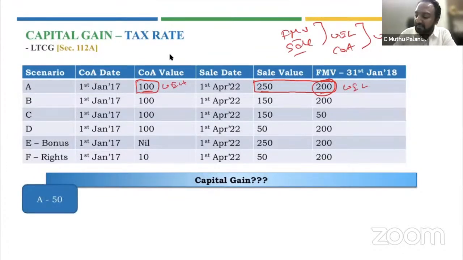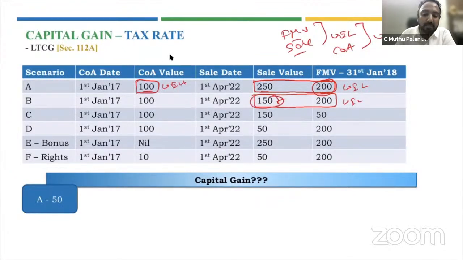In the next case, I again take the difference of these two. Fair market value is 200, sale value is 150, whichever is lower. So I take 150. Then 150 or 100, whichever is higher. What will be higher? 150. So 150 will become my cost.